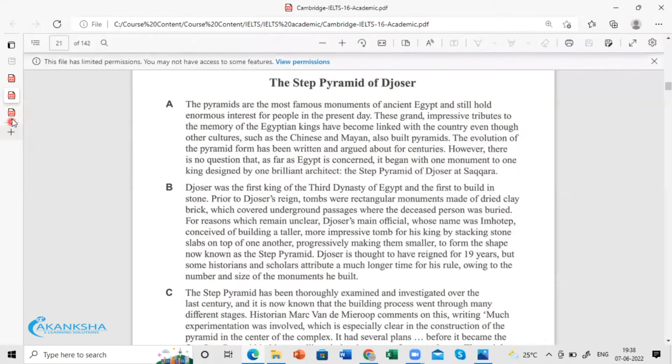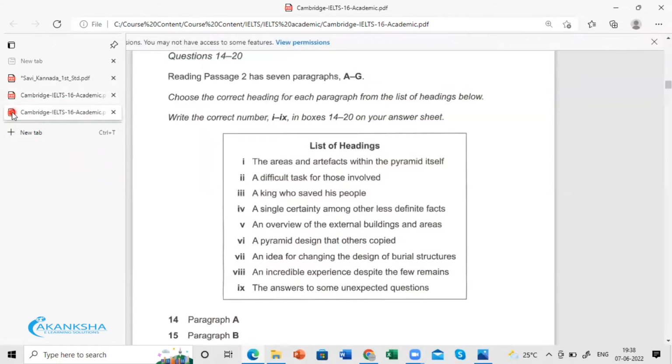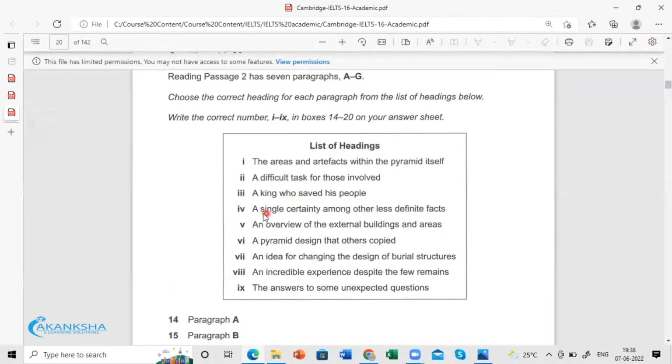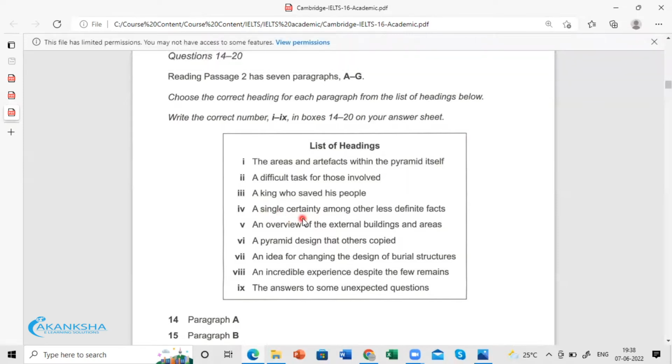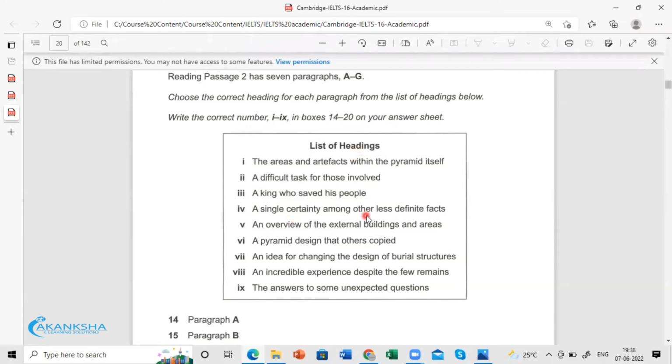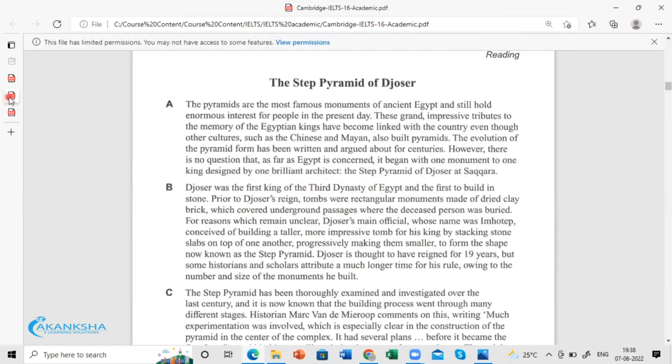Argued means there were some disagreements. But in the case of the Egyptian pyramid, it is a single certainty. It means this is the only pyramid about which there is no argument, among many other definite, indefinite, less definite facts. That is where this particular heading matches with the information in the paragraph.